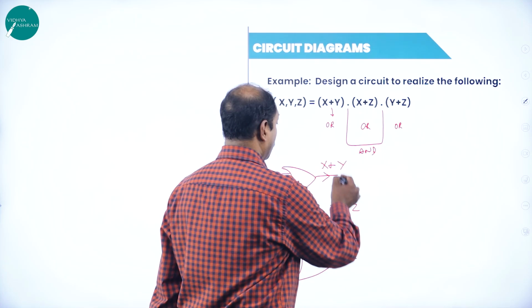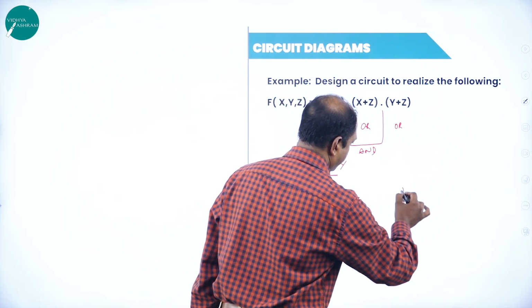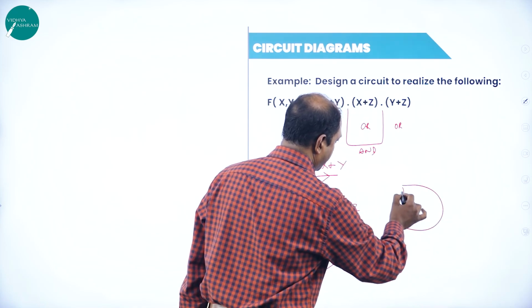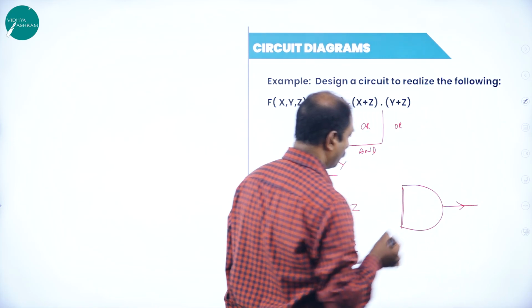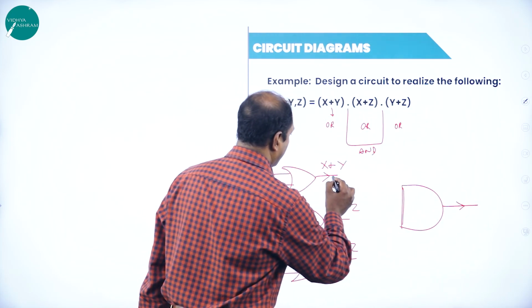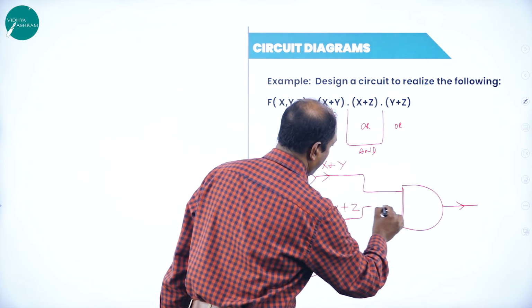Now the output of all these should go to an AND gate. This is an AND gate with one output, and its inputs are the outputs of these three gates.